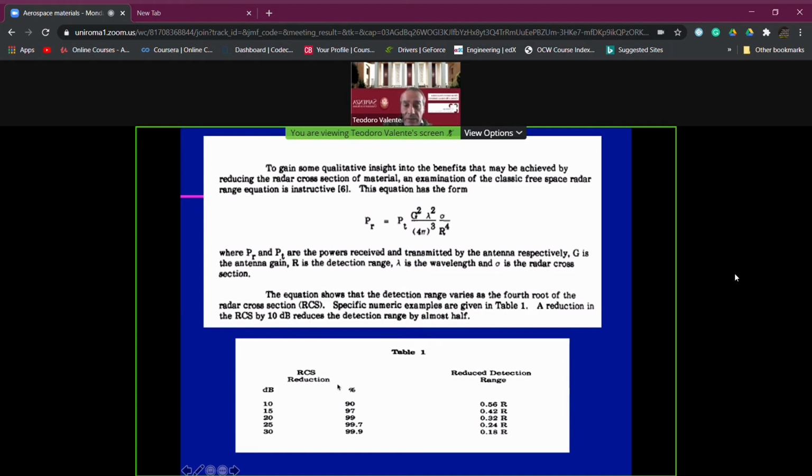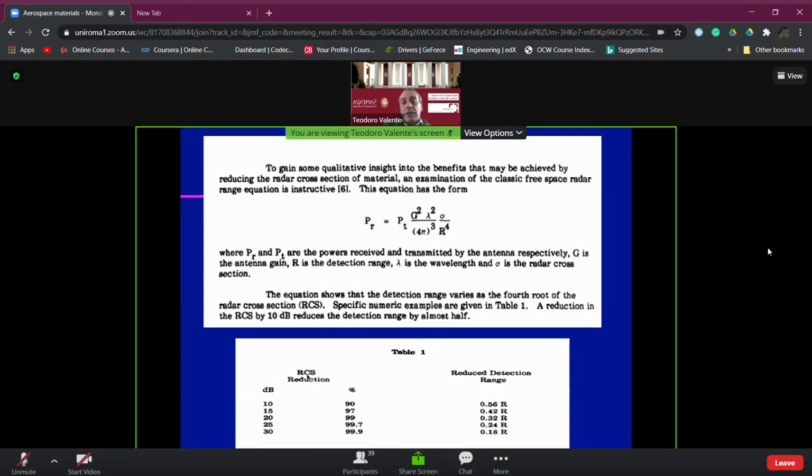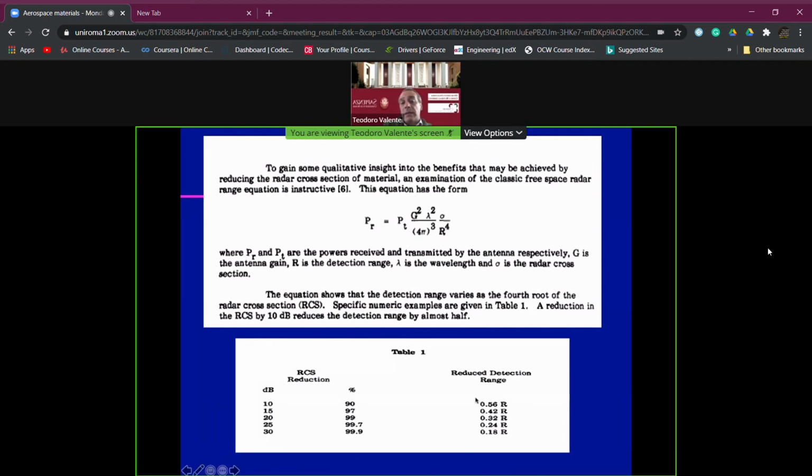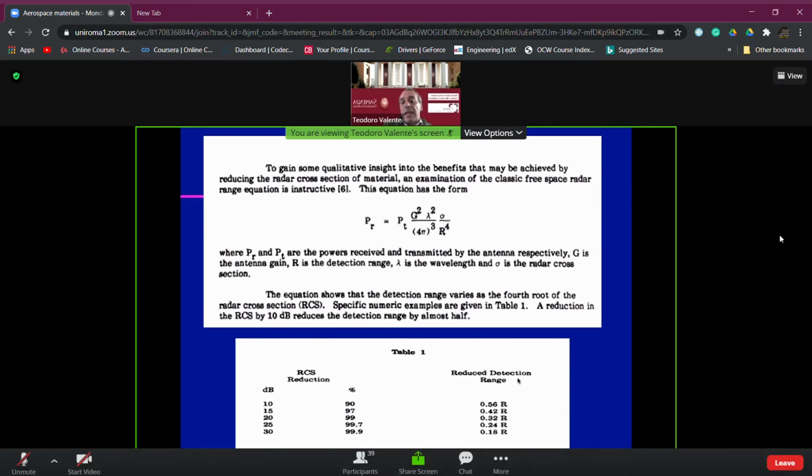Here you have some specific numbers, in which you see how a reduction in dB of the radar cross-section, which corresponds to this percent value, can give an effective reduction of the detection range, which is the important thing we want to achieve.